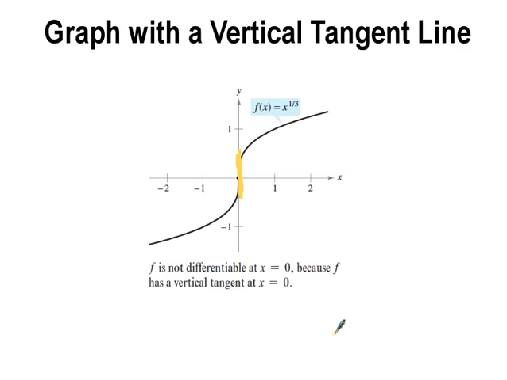So those three are really important. Okay. So you cannot find the derivative when the graph is not continuous at a point, when it has a sharp turn at a point, and when it has a vertical tangent line at a point. Three things, make sure you understand.